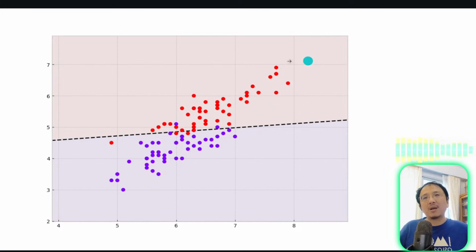So if we only pick 2 of the categories, we can easily do the classification. But you can see that the decision boundary is still a straight line. So in this case in particular, if we are not doing feature engineering, it is impossible to classify them perfectly, because no one straight line can separate the red dots from the purple dots. But you can see that the result is pretty good.